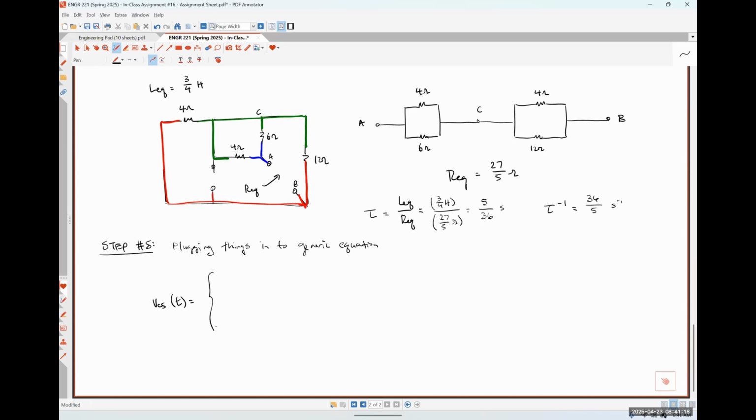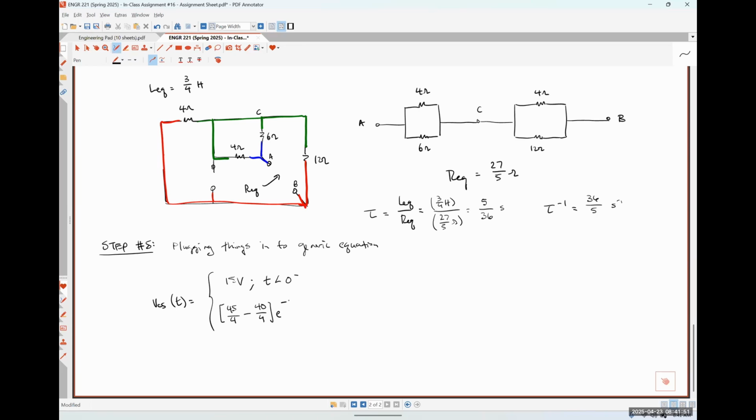So what was the value of VCS at 0 minus? 15 volts. What was VCS at 0 plus? What was VCS at infinity? So I'm going to choose to write that as 40 over 4.